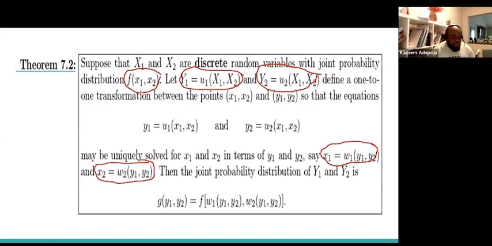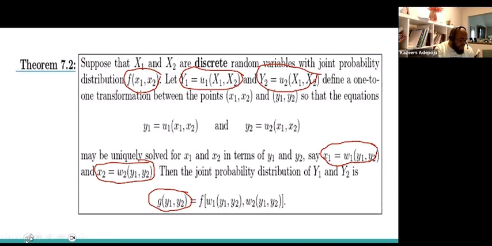From f of x1, x2, if I want to get the function for the two new variables, wherever I see x1, I plug in this one, and wherever I see x2, I plug in this one. I'm done. For discrete, it's going to be super easy, whether for one variable or two variables.